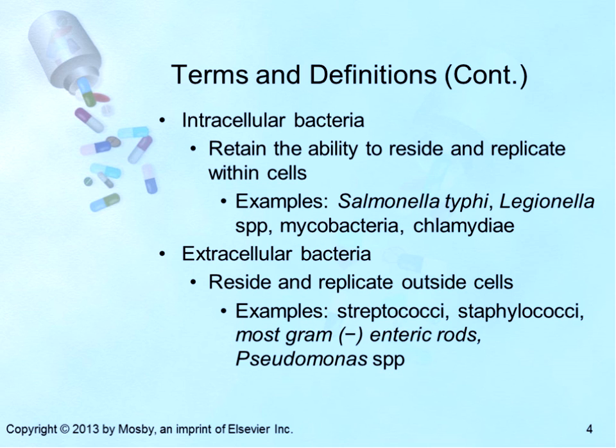Examples of these are Salmonella, Legionella, Mycobacteria, and Chlamydia. The extracellular bacteria reside and replicate outside the cells. Examples of these are Streptococci and Staphylococci, most of the gram-negative enteric rods, and some of the Pseudomonas species.